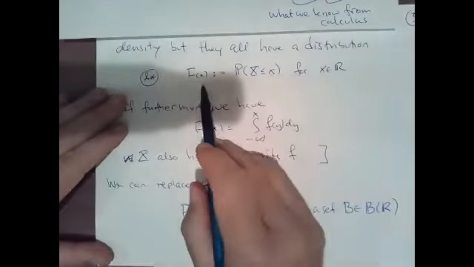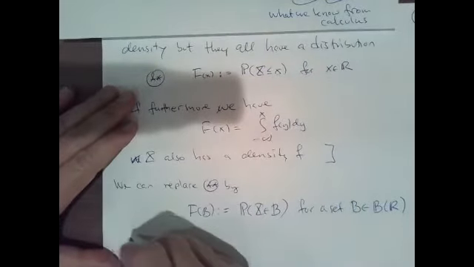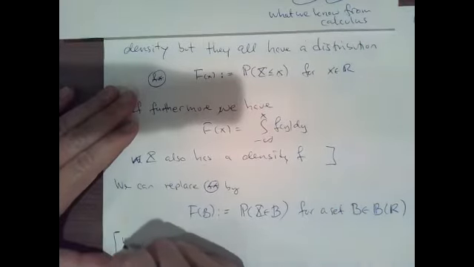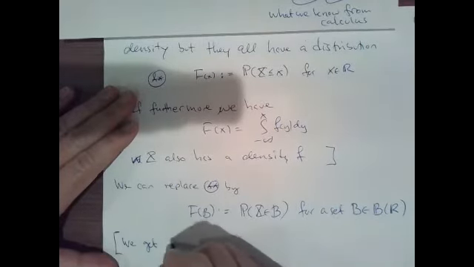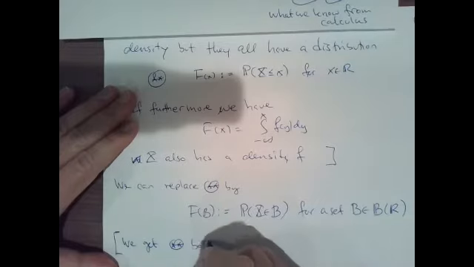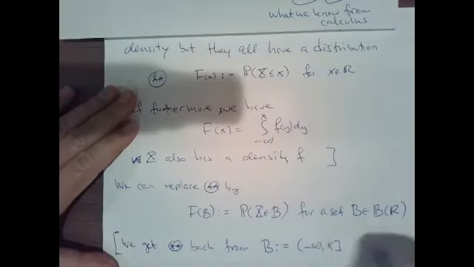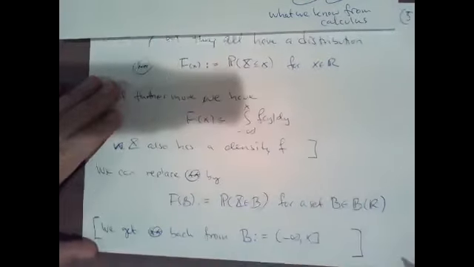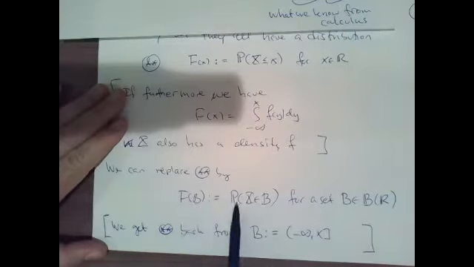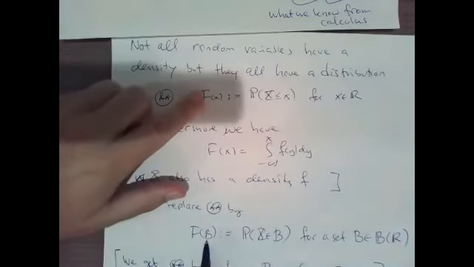Then we get double star back from the set being minus infinity to x. If I take that particular B and plug it into this formula, I'll get exactly what I have up here.